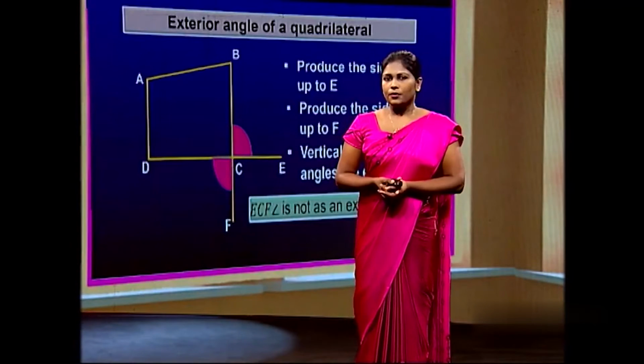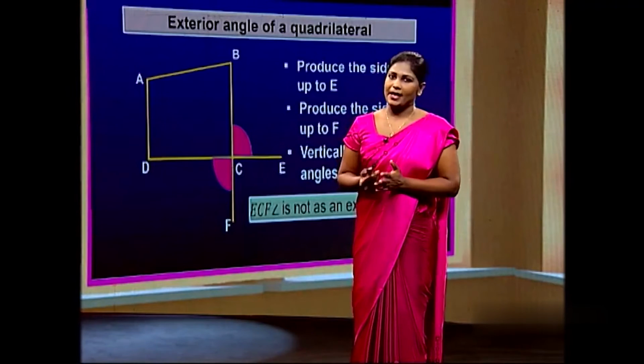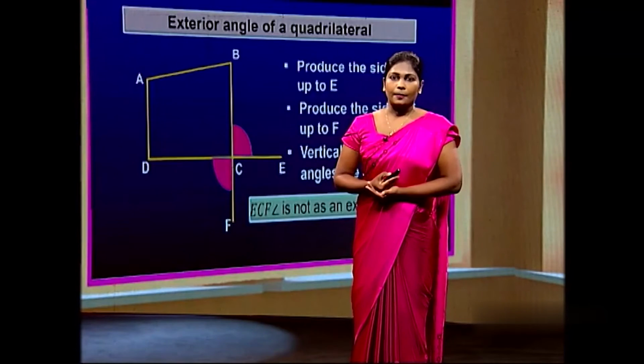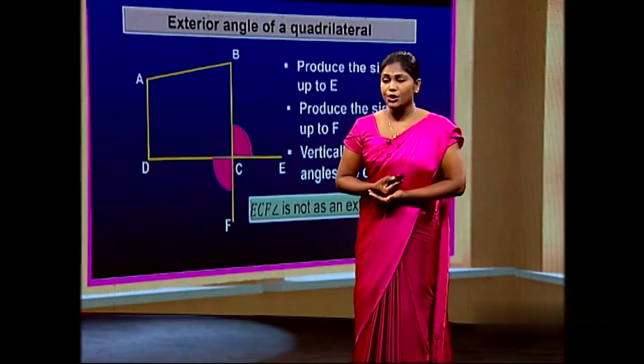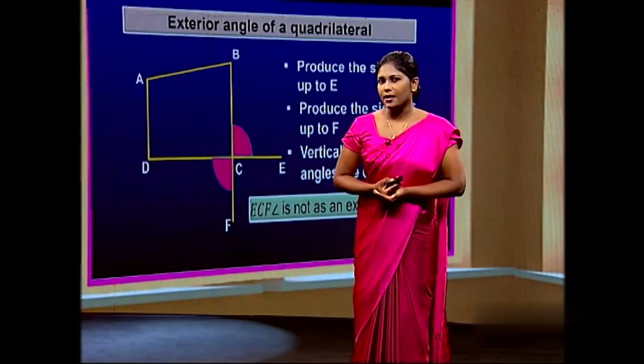So now we have discussed the exterior angles of a triangle and a quadrilateral. In grade 9, you have to learn about the sum of the exterior angles of a polygon. So, how to find the sum of the exterior angles of a polygon?